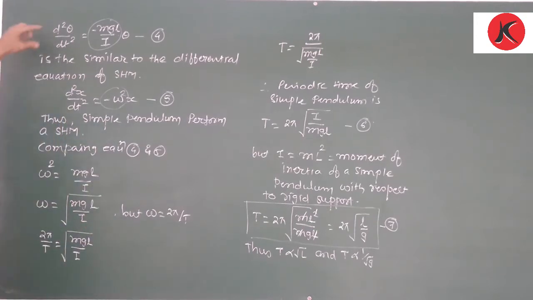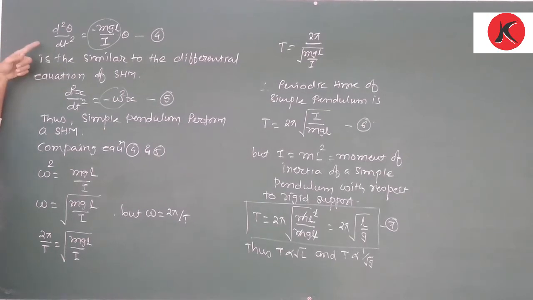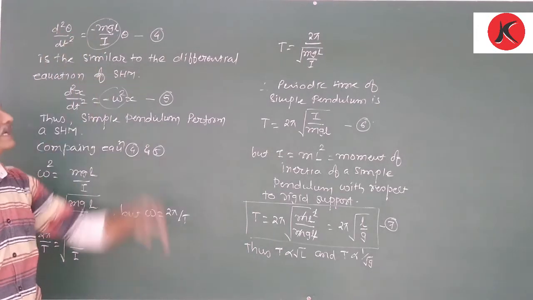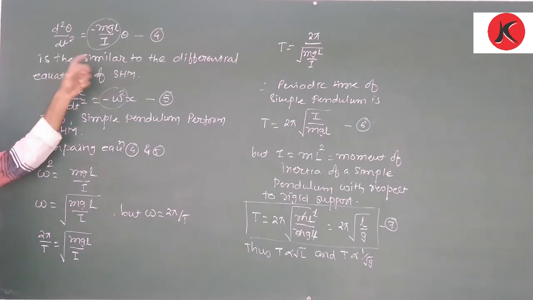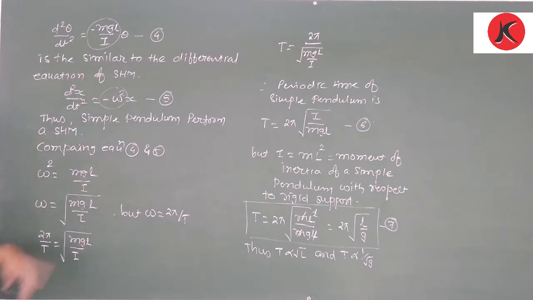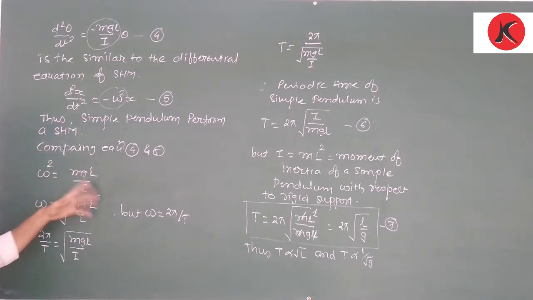Again, we obtained the differential equation for rotational motion by substituting the value of α: d²θ/dt² = −(mgl/I)θ. It is similar to the differential equation of simple harmonic motion, d²x/dt² = −ω²x. Comparing, ω² = mgl/I.